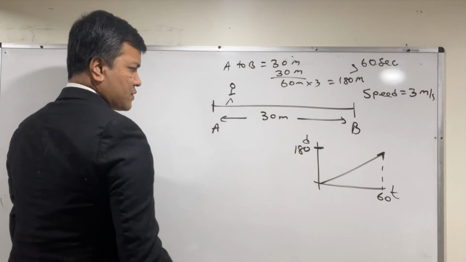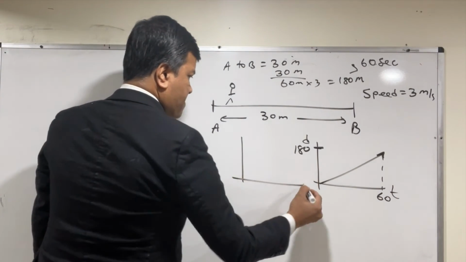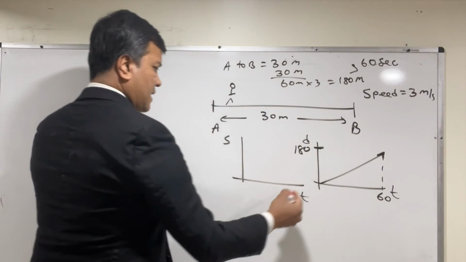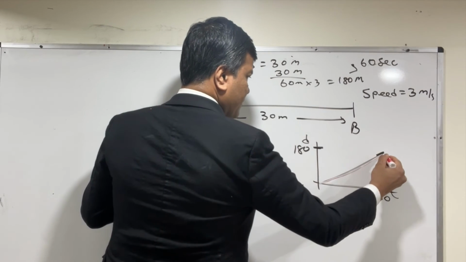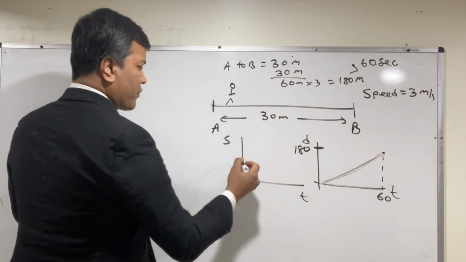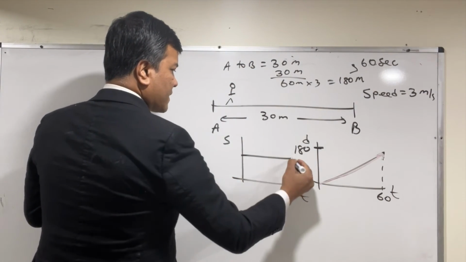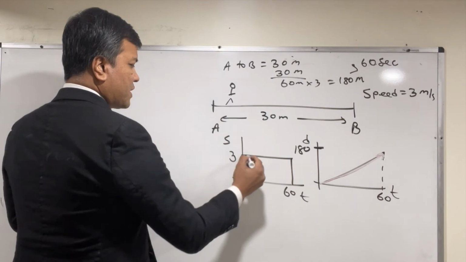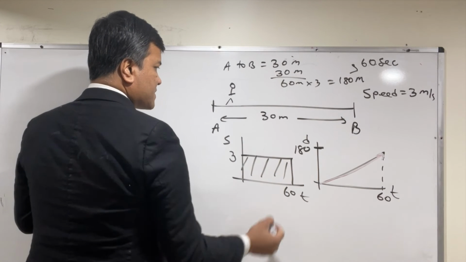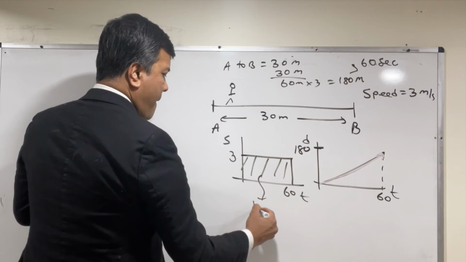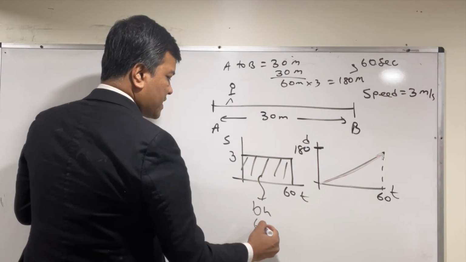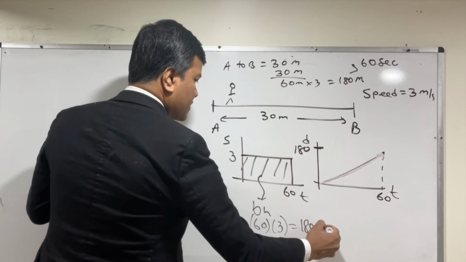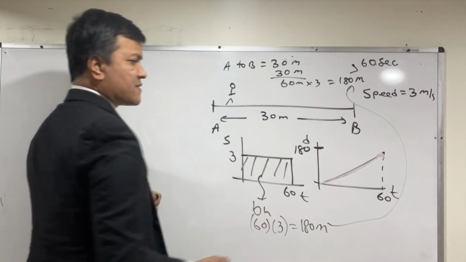All right, so now we're gonna do st. If you do st, since this is a diagonal line, this become a horizontal line. The time is 60 seconds and the velocity is 3, and the distance is gonna be bh. So b is 60, h is 3, so 180 meter, and that makes sense.